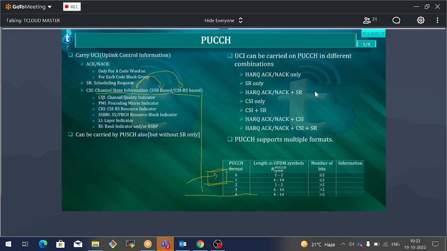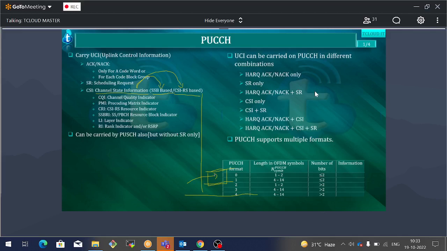Whatever CSI information mobile is reporting may not be up to the mark. Why? You are not estimating the CSI on the basis of the total signal that you are receiving in downlink. Only a small part of it you are measuring. So that's the disadvantage with SSB.